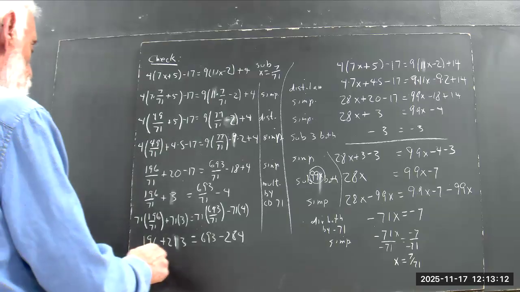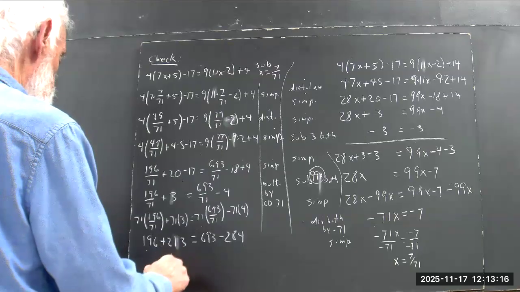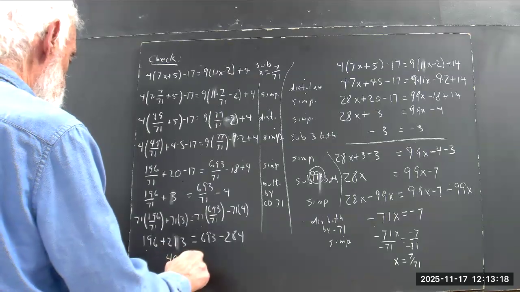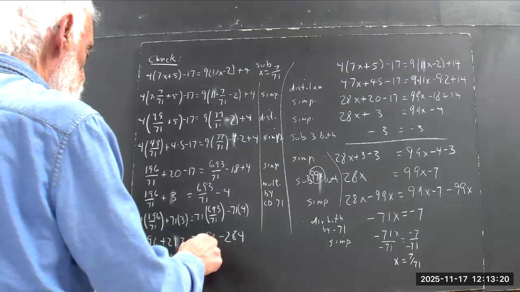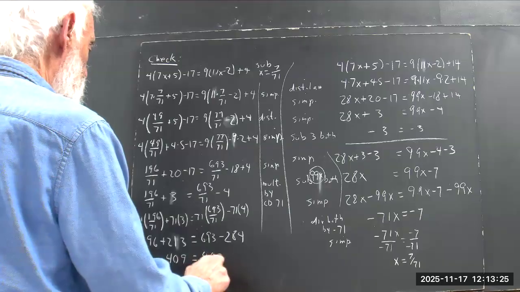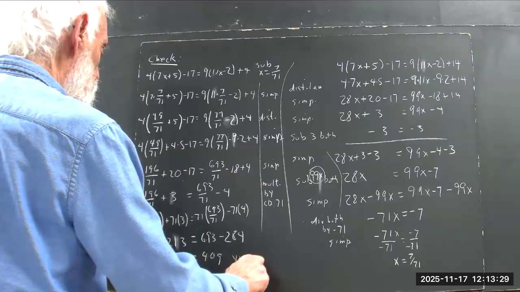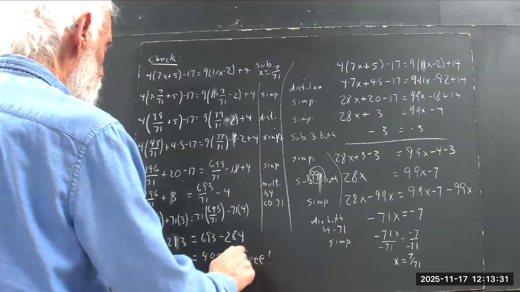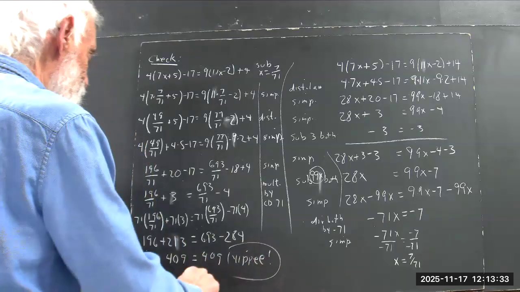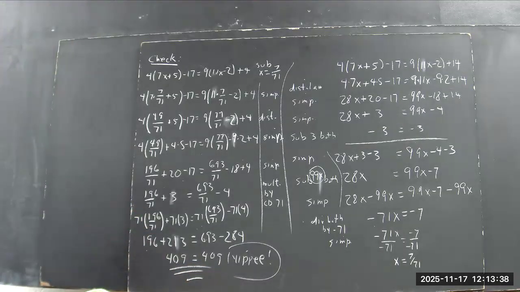So 196 and 213 is 409. 693 minus 284 is 409. Yippee. We just checked it and we know it's true.